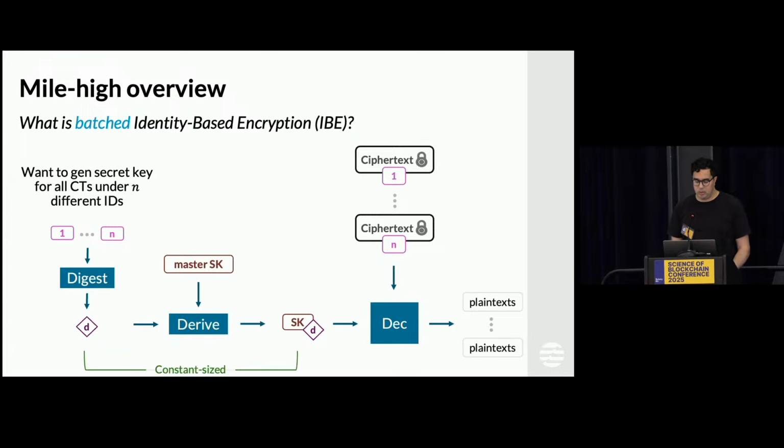Crucially, we're going to require that this secret key and also the digest are constant sized, so the size doesn't depend on the number of IDs. We also require that the key derivation procedure is constant time, so again, it doesn't depend on n. So it should be clear that if we can instantiate a scheme like this, then because of these efficiency requirements, this scheme should solve the problem that I posed on the previous slide.